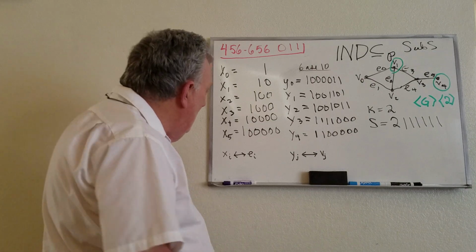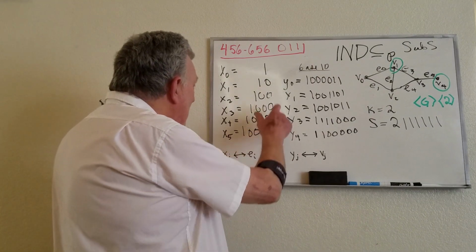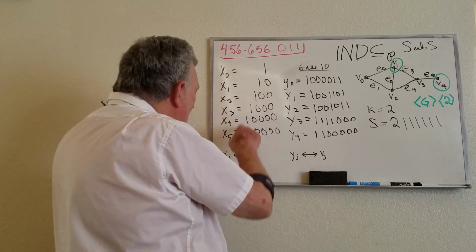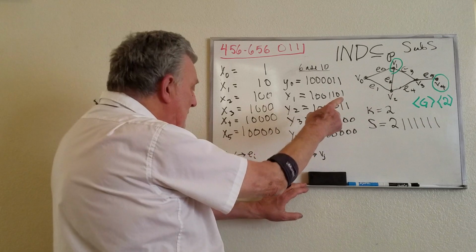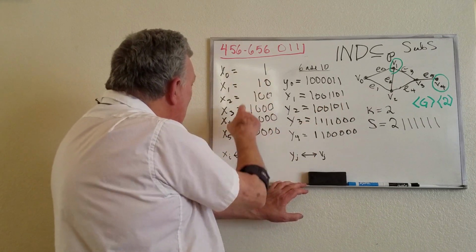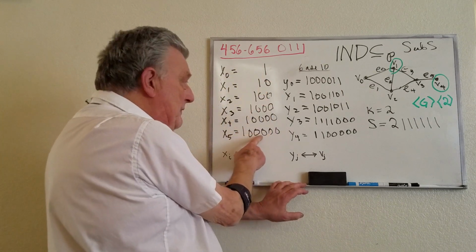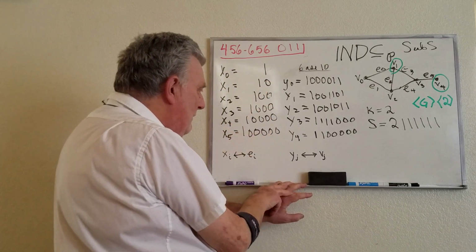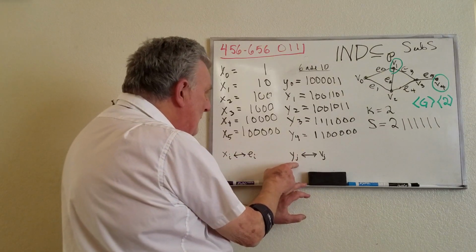And all these numerals are in base 10. Each xi corresponds to an edge, the edge labeled ei in the picture. And each of these is a power of 10: 10 to the 0, 10 to the 1, up to 10 to the 5. Now, the y's are also numbers in the sequence.